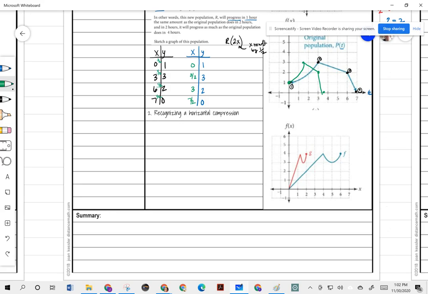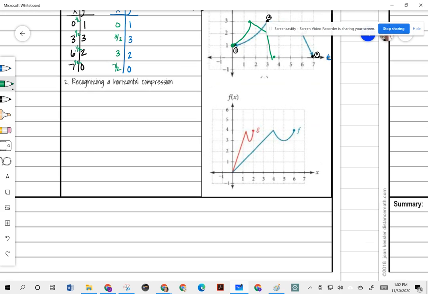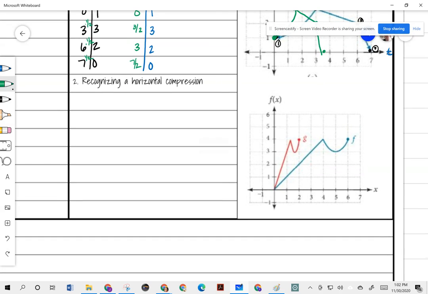All right, so now let's talk about recognizing a horizontal compression. Okay, so we can see that the X values got smaller. So this is a compression. Okay. So what we want to do is match up points. Well, 0, 0 doesn't do me any good. They both have 0, 0, so that's not any good.